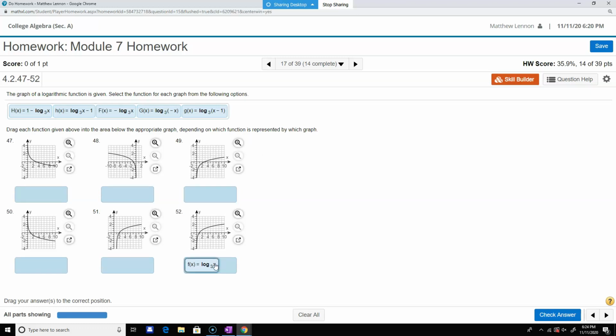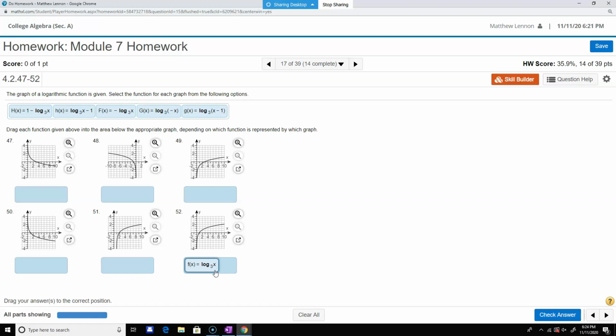So this is saying when you plug in x equals 1, you should get a value of 0. And that makes sense because 3 to what power equals 1? Well, 3 to the 0 power equals 1. So that's why I know that that one has to be log base 3 of x.